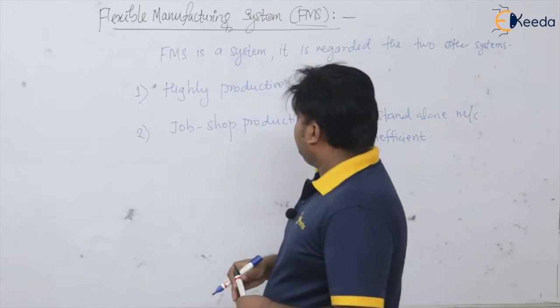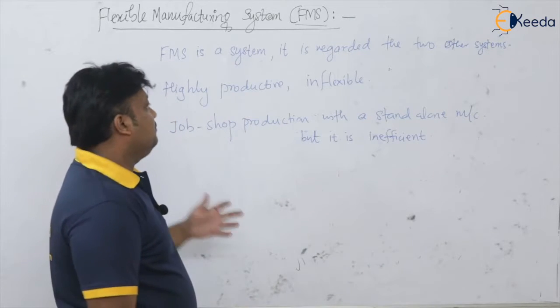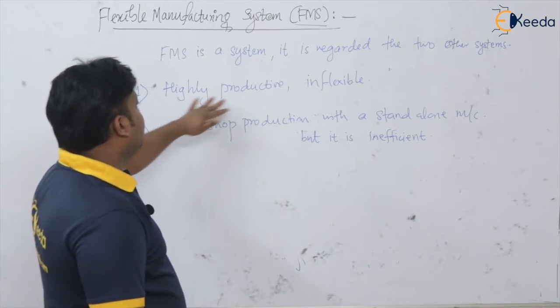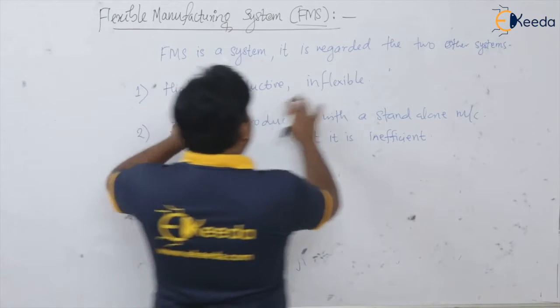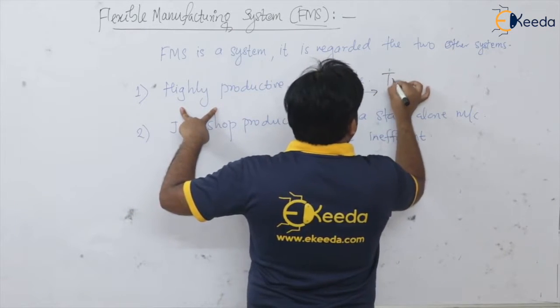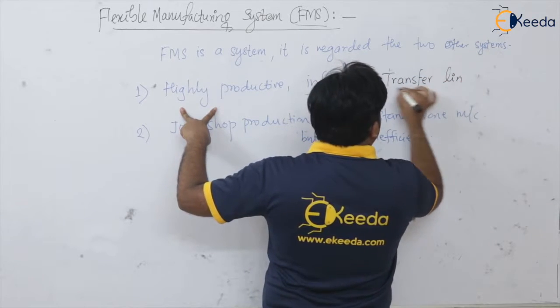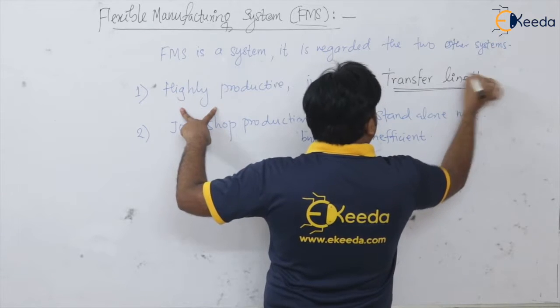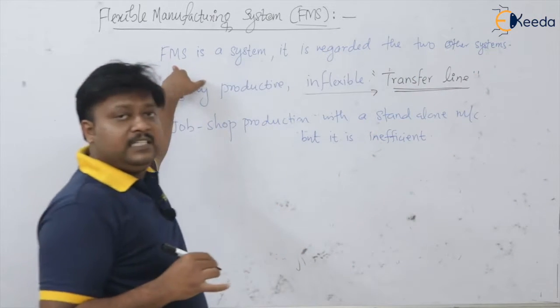So the FMS also includes the system which is highly productive but inflexible: the transfer line. Generally we compare this transfer line and the flexible manufacturing system.